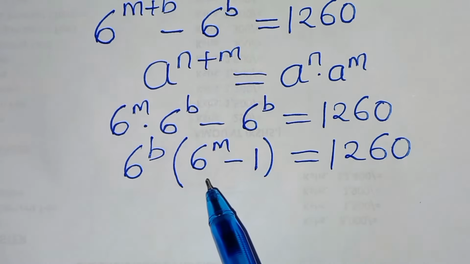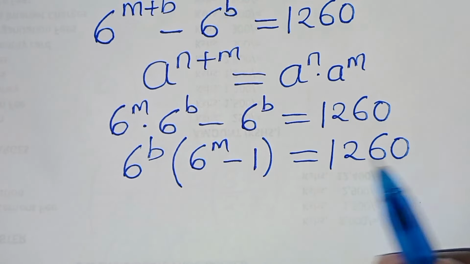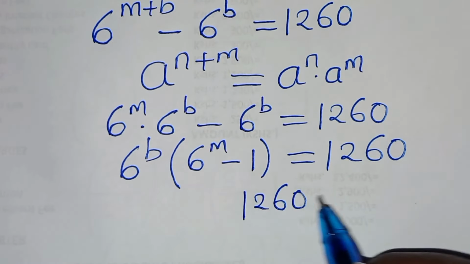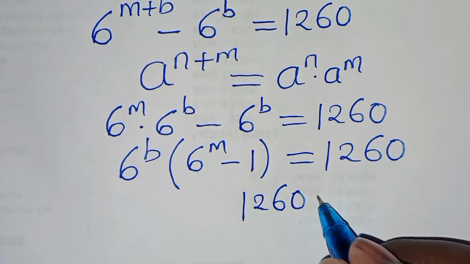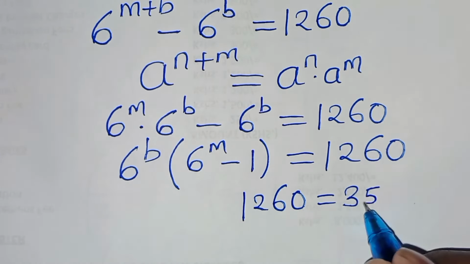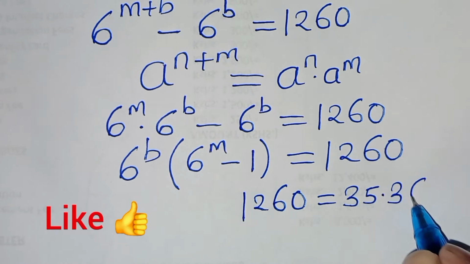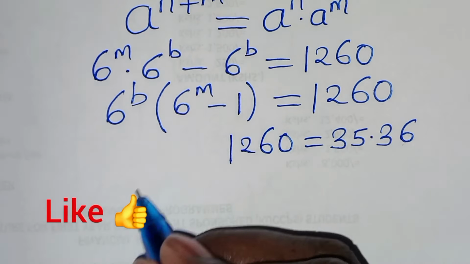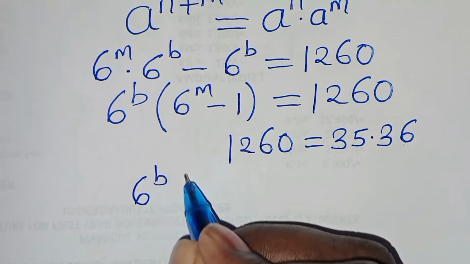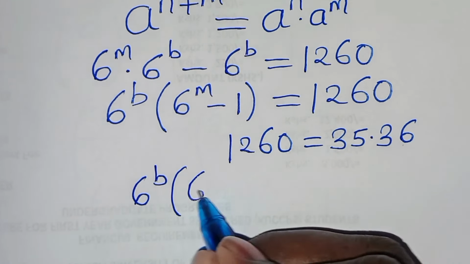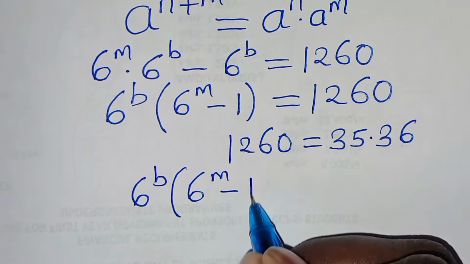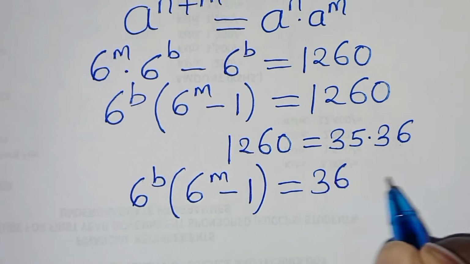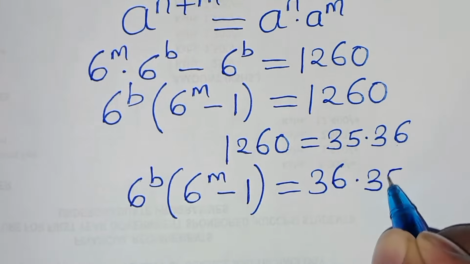The next step is that we can express 1260 as 35 multiplied by 36. So substituting this, we have 6 to the power of b, into the parentheses 6 to the power of m, subtract 1, equal to 36 multiplied by 35.